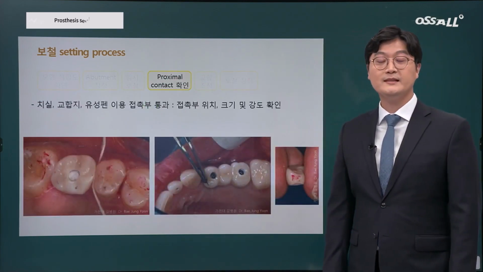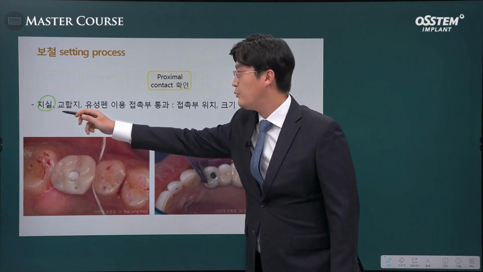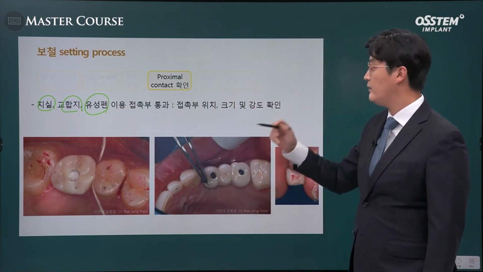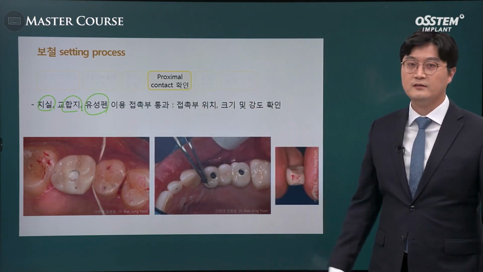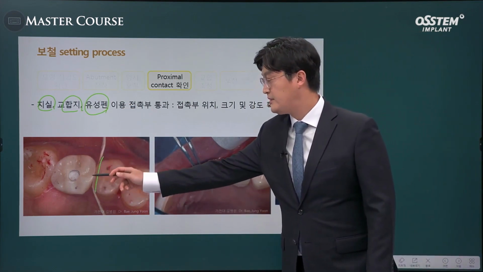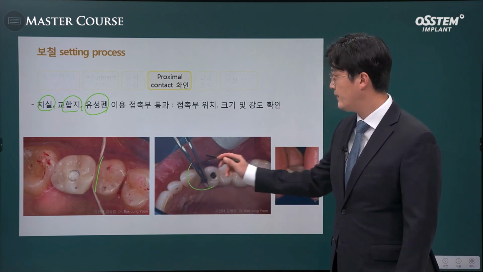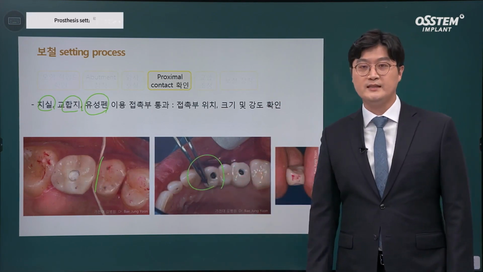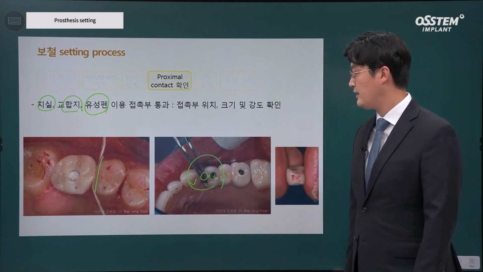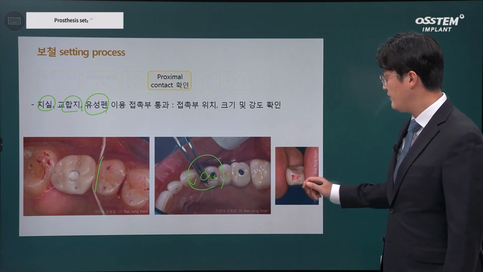There are 3 ways to check. First, you can use floss. Second, articulating paper, and you can use a marker to check the proximal contact. You can tell whether the contact is tight or loose with the adjacent tooth, and you can check the position and where it is in contact with the adjacent tooth.